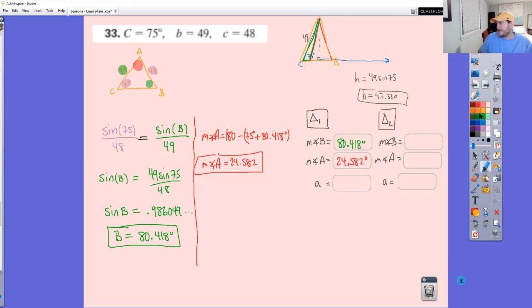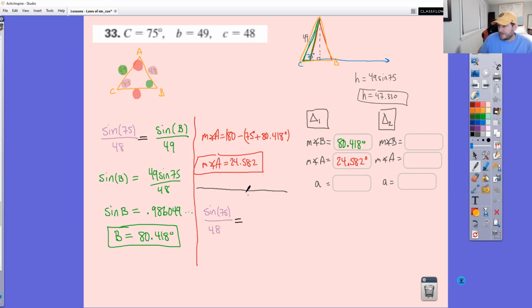And so that means that now, of course, since we have angle A, we can find side A by just setting up another sine ratio, setting it equal to the lavender parts that we had in the beginning. So again, we'll go sine of 75 divided by 48.